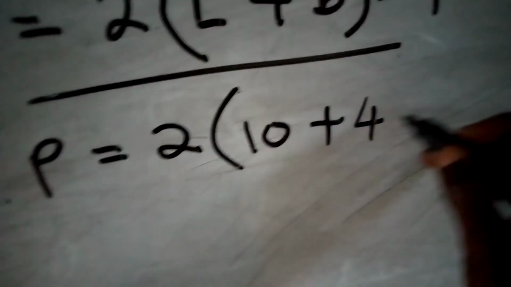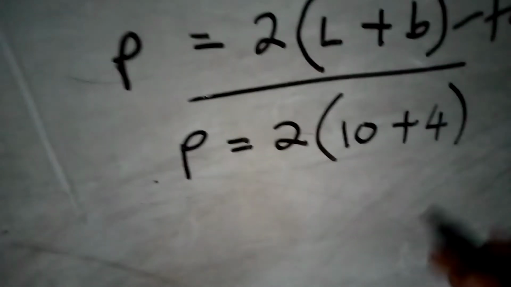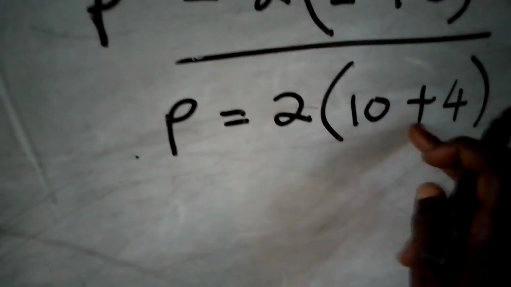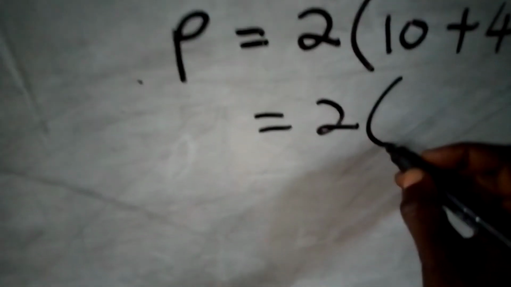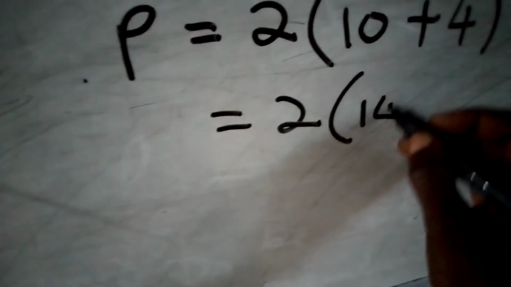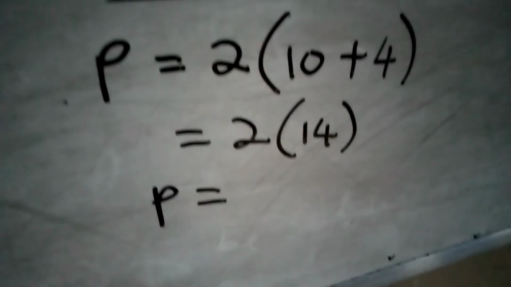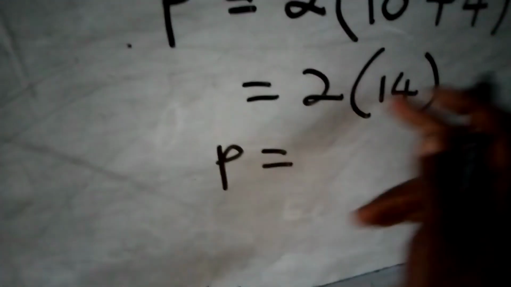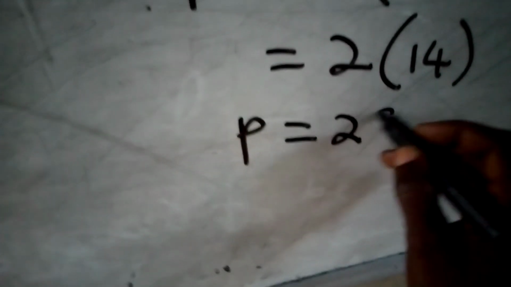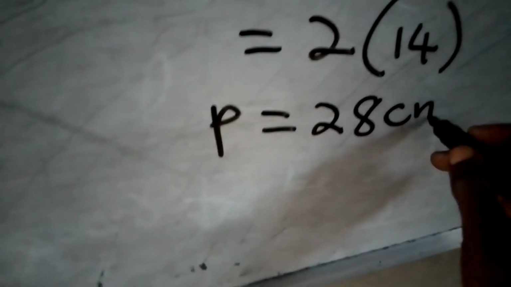I write my 4. Close your bracket. So 10 plus 4 gives me 14. That is 2 bracket 14. Right? So my perimeter is going to be 2 times 14 because bracket also means times. So 2 times 14 gives me 28 centimeter.